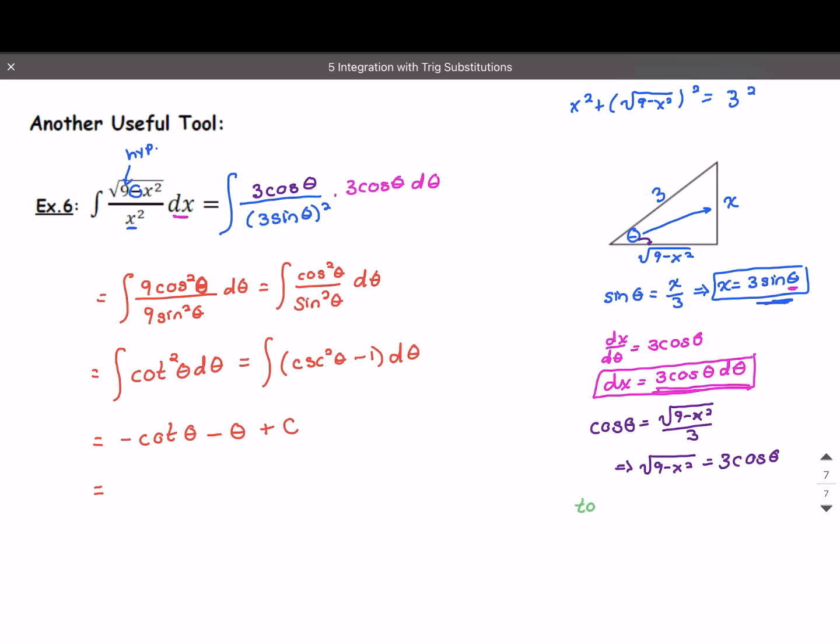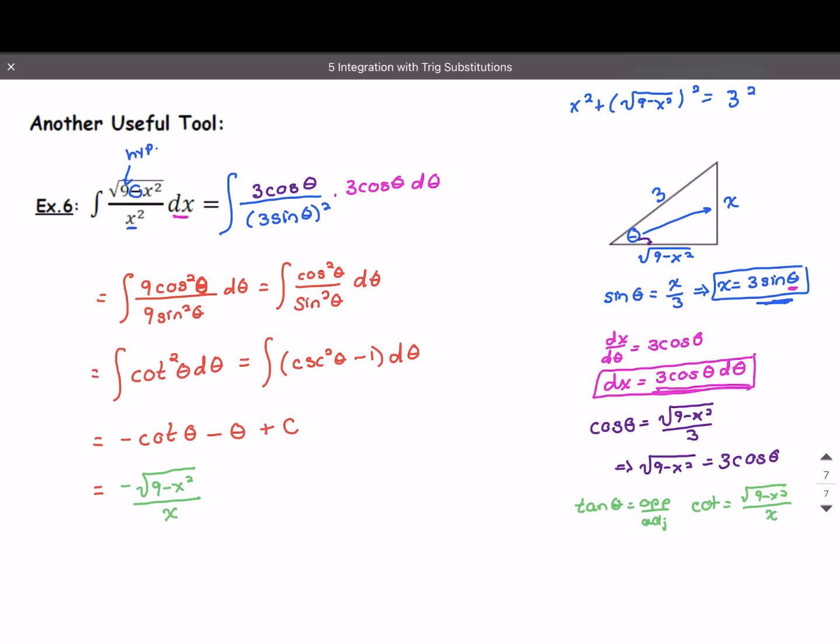Cotangent, now you know tangent is opposite over adjacent, which means cotangent is going to be the reciprocal, the adjacent side, which is the square root of 9 minus x squared, over the opposite side, which is x. So we have the negation of the square root of 9 minus x squared all over x.